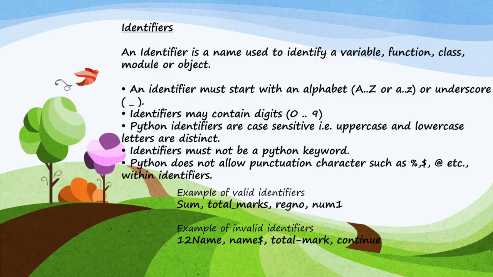You may think continue satisfies all the rules we have seen before, other than the fourth point: identifiers must not be a Python keyword. Here continue is a keyword, so we cannot use it as an identifier. That is why it is invalid.